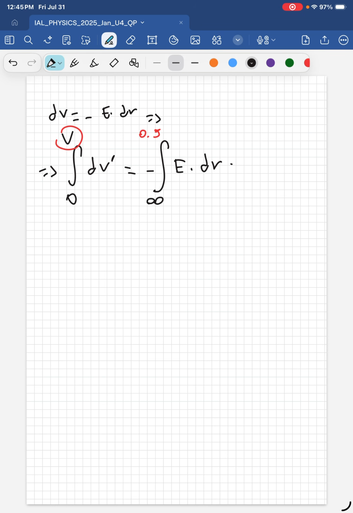And recall that we can reverse the order of integration by flipping the sign, so that's equal to plus the integral from 0.5 to infinity of E times dr.